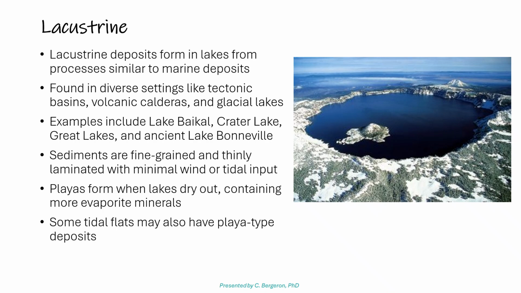You can have a tectonic basin, maybe from rifting or just extensional features, like if the continent experiences crustal thinning, you can get lakes that form. You can also have lakes that form because of volcanic activity, so a volcanic caldera. You can have lakes that form from glacial erosion.